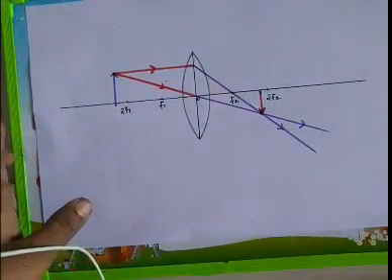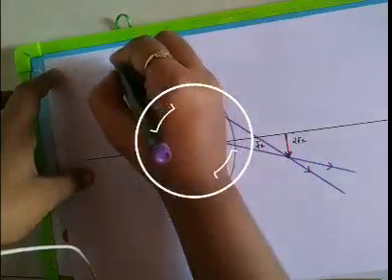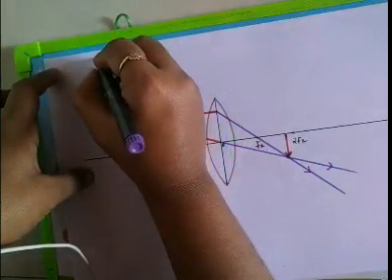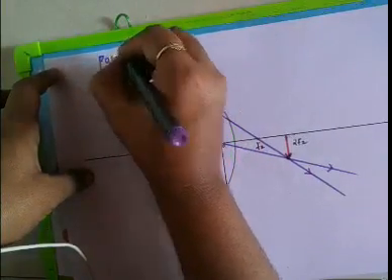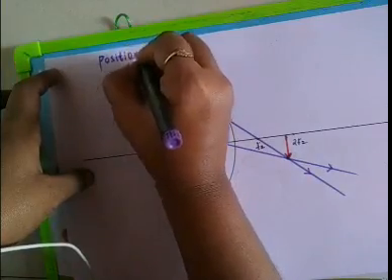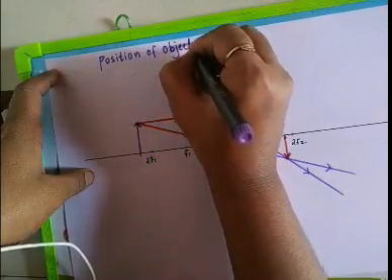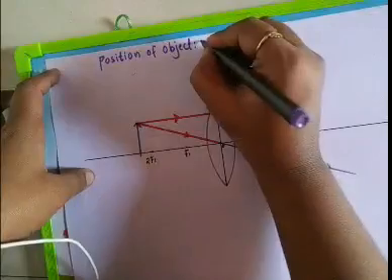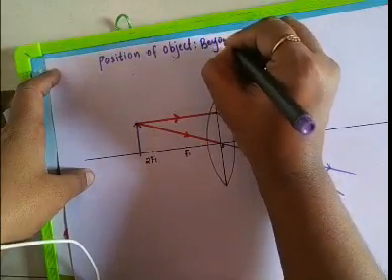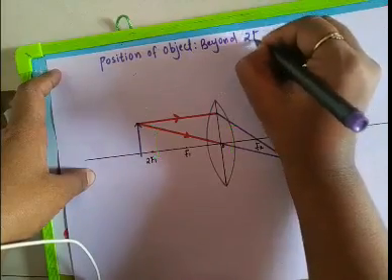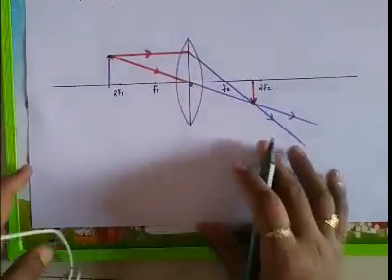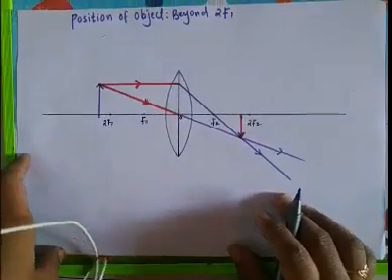So we need to describe the image also. First let's write position of object. Object I kept beyond 2F1. Okay, now we will describe the image.